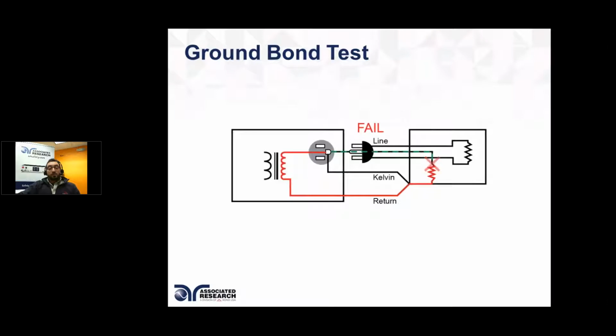And this way it will result in a failure, and you will know that you will have to look back at the ground circuit and see why it failed, why it is high resistance, why it is not meeting the requirement.